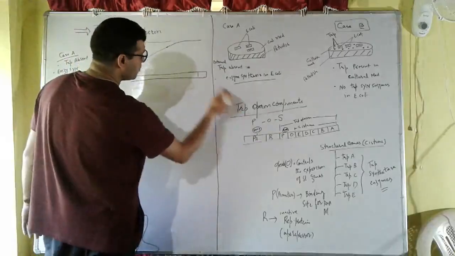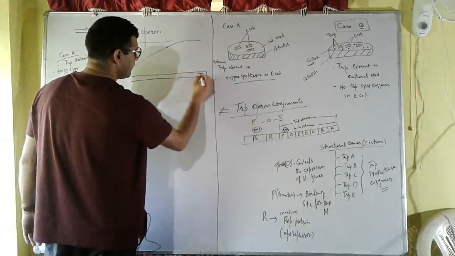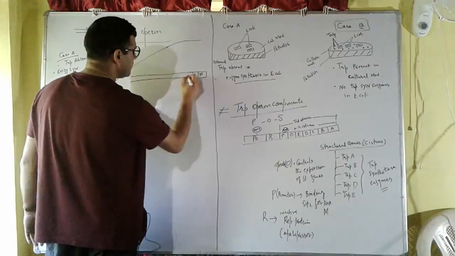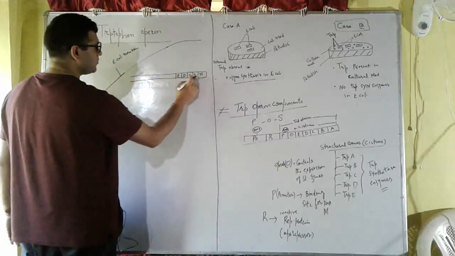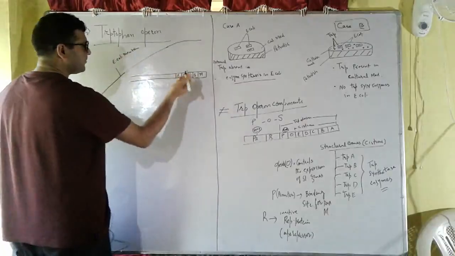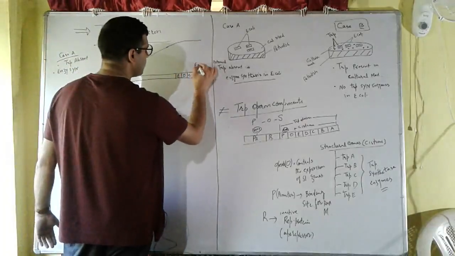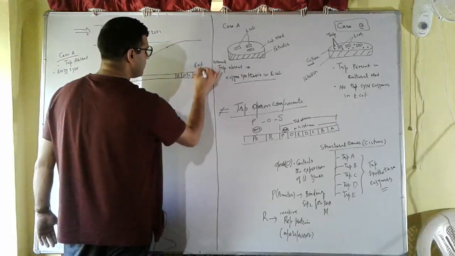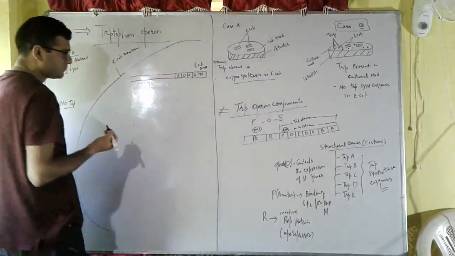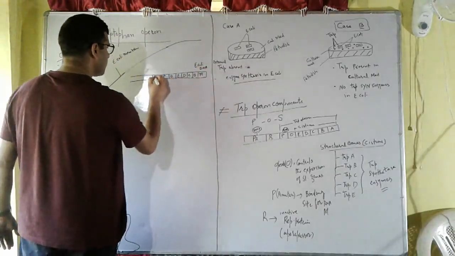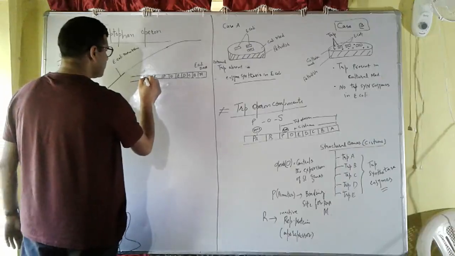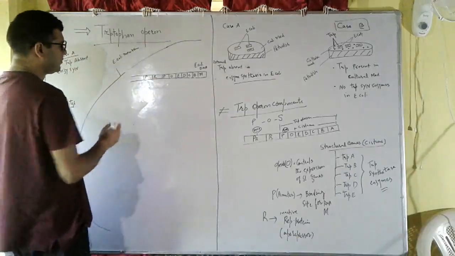This is tryptophan A, tryptophan B, C, D, and E, 1, 2, 3, 4, 5. Then we have the operator gene, promoter gene, regulator gene, and the promoter for the regulator gene.